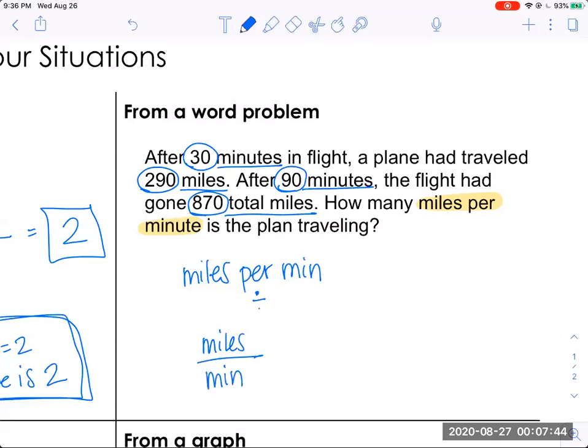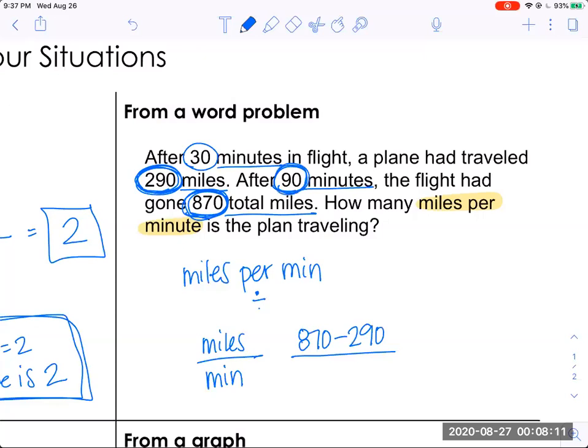If I want to know what the difference is between what it was then and what it is now, then I would need to do subtraction. So I'm going to do 870 total miles minus the 290 that we had already gone before. So 870 minus the 290. And then I also need to know the change in the minutes.